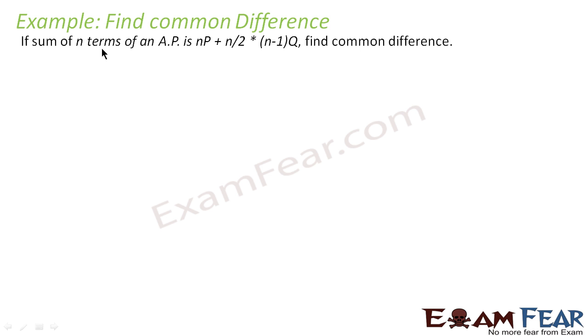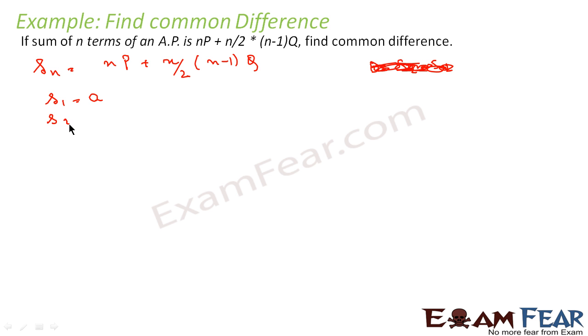Now we'll take an example where we have to find a common difference. It says the sum of n terms of an AP is np plus n by 2 into (n minus 1) into q, and we are told to find the common difference. So let's suppose S1 is nothing but a, the first term.